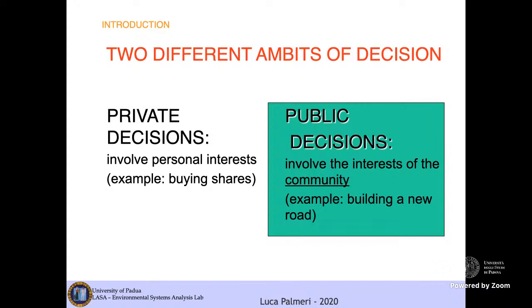And public decisions instead involve the interest of the community, for example, building a new road or preserving a lake or preserving an ecosystem and so on. These are public decisions because they are in the interest of the public. And as we have said several times up to now, in environmental impact assessment the public is one of the important subjects involved in the procedure.